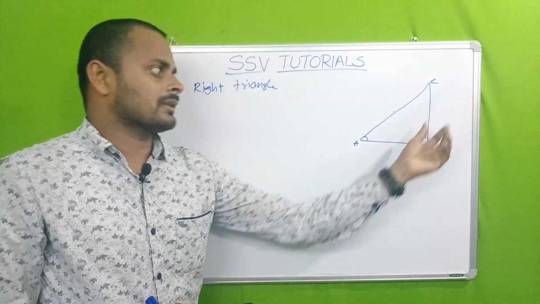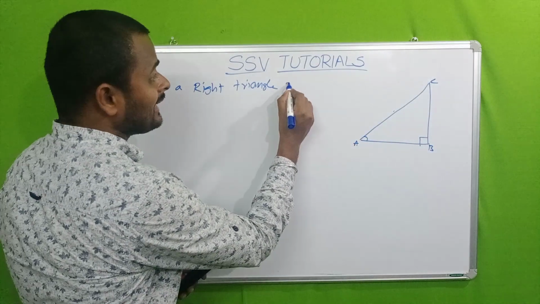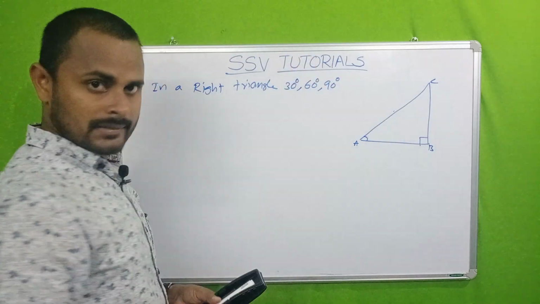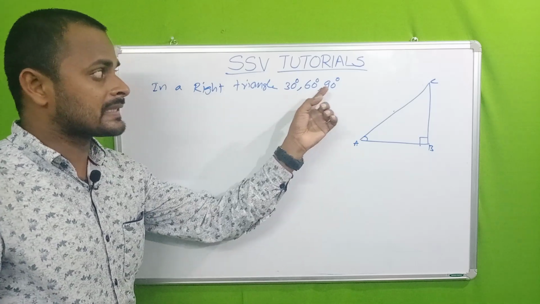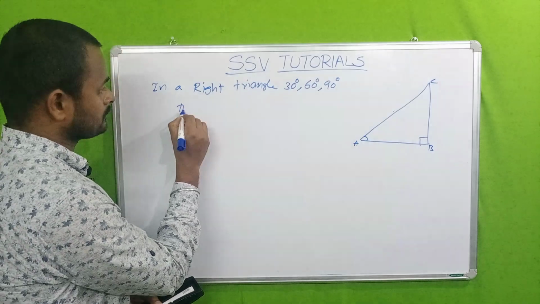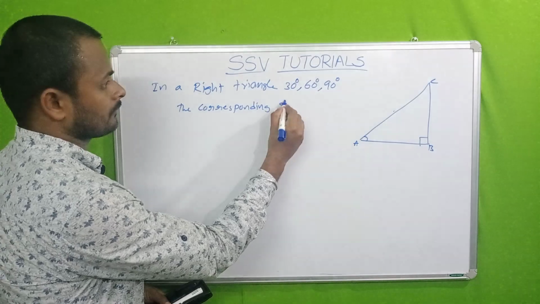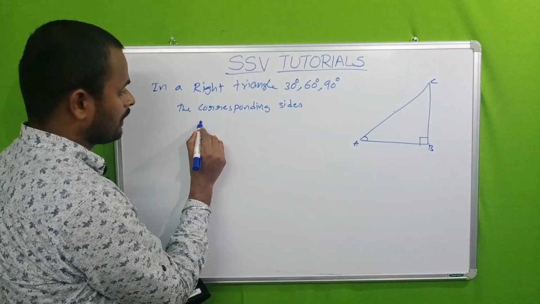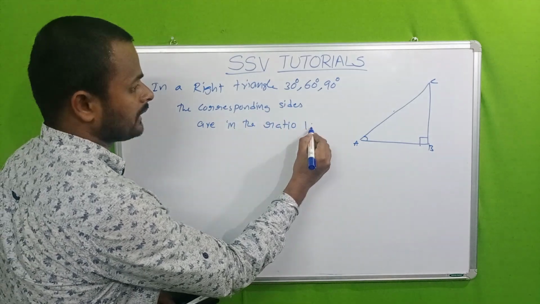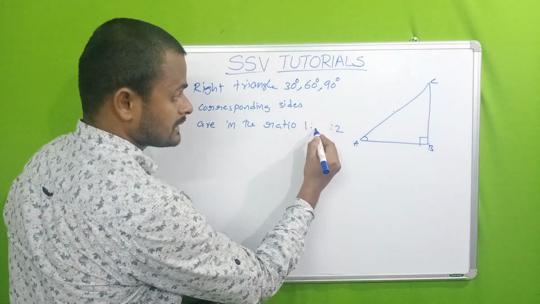A, B, C are the vertices of this triangle, and in a right angle triangle, if the angles are 30 degrees, 60 degrees, 90 degrees, then the corresponding sides are in the ratio 1:√3:2. Very important. Remember this thing.